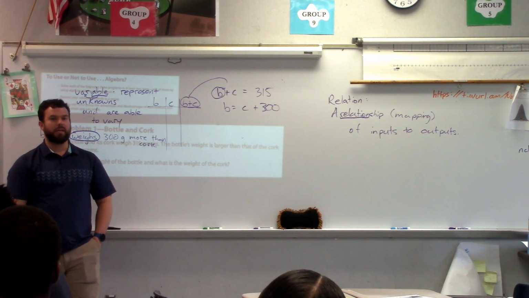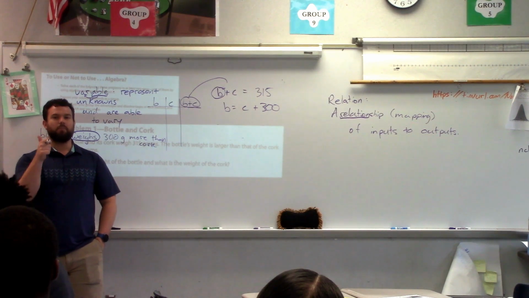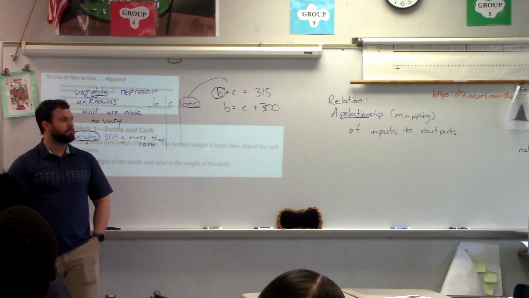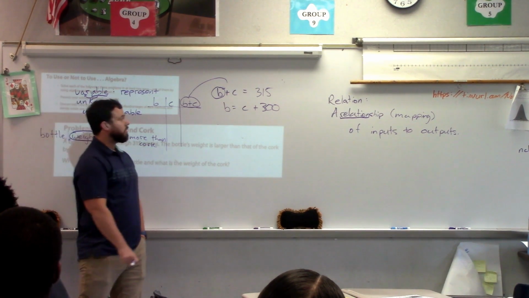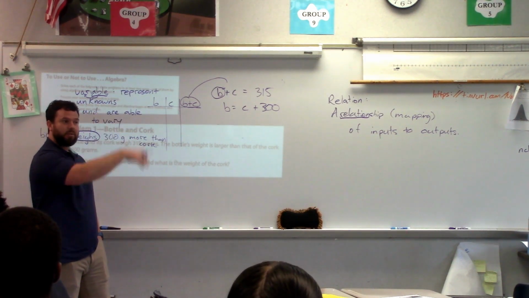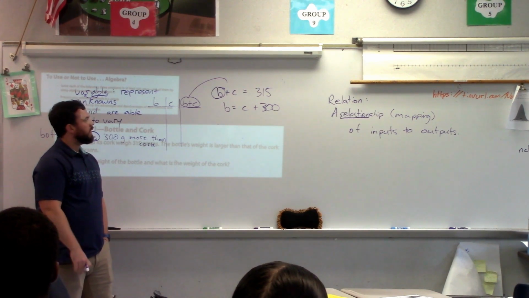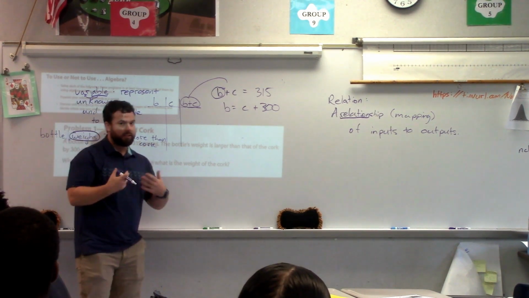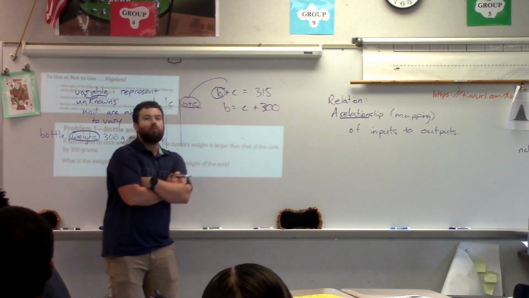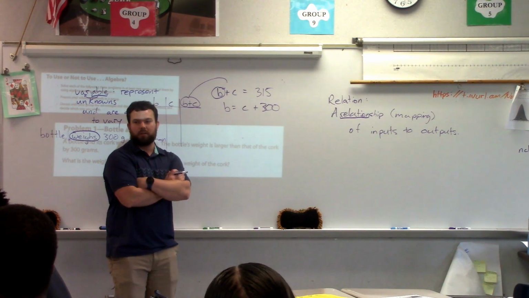Is the bottle equal to 300? No, it's not. Look at your equations. It's 300 more than the cork. Okay, now we're getting somewhere. The bottle is equal to 300 more than the cork, right? So what can I substitute in for the bottle?